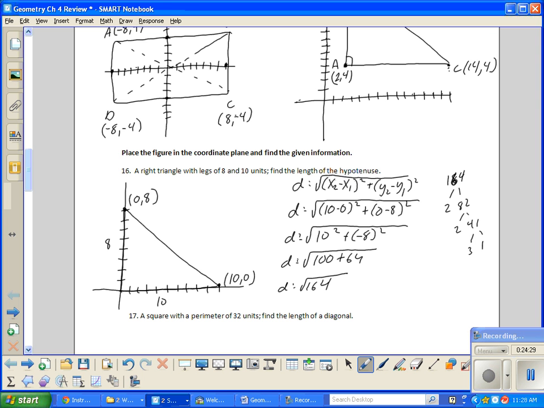And 41 is just 41. So we got a pair of 2's, so we can pull out a 2 and call that 2 square roots of 41.